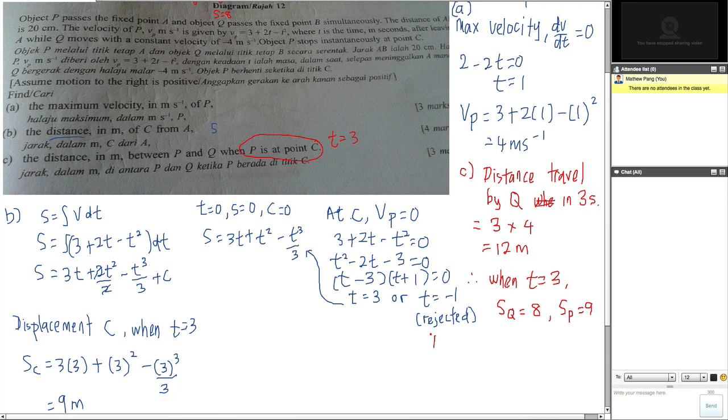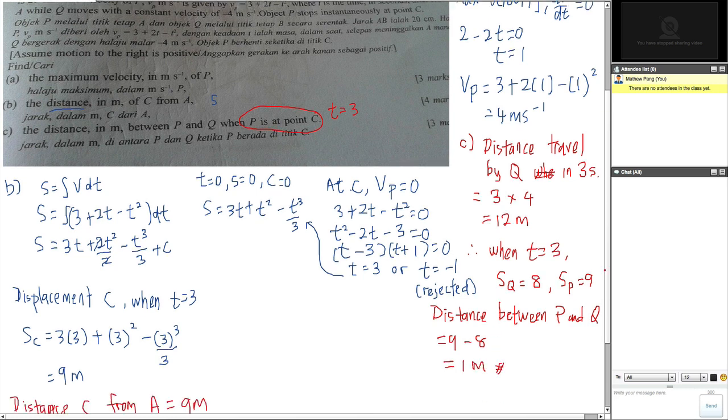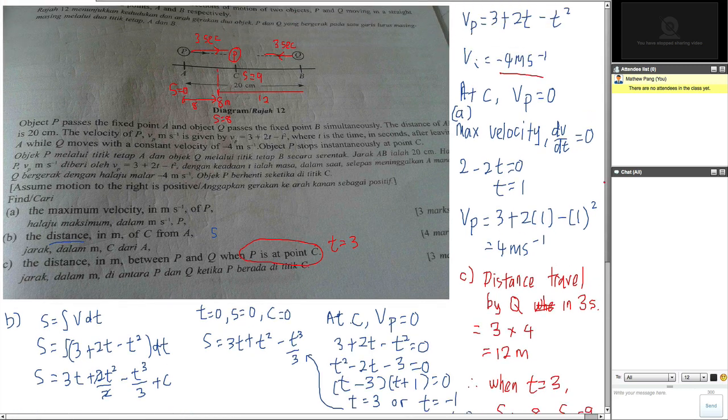So the distance between P and Q will be 9 minus 8, which is 1 meter. That's all. I think this is the correct answer.